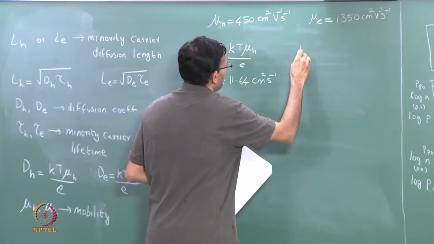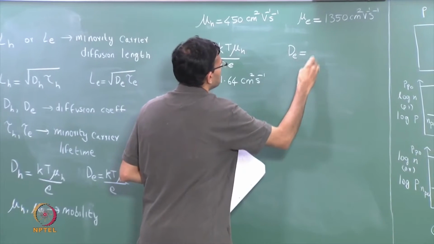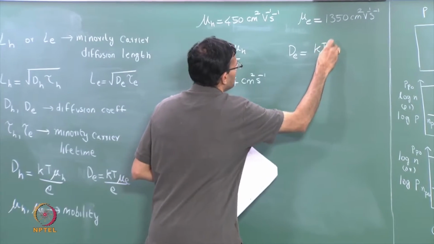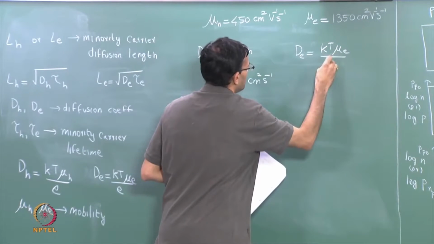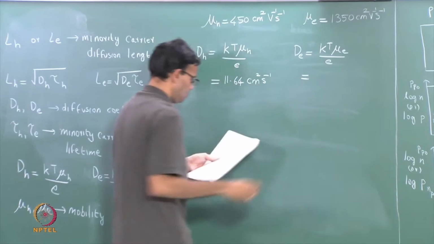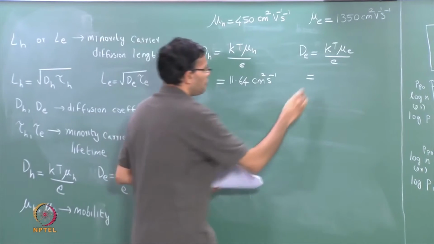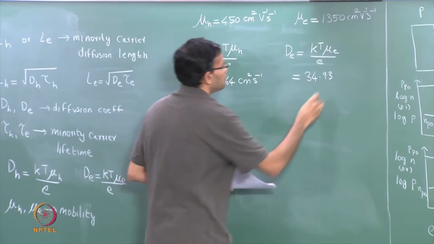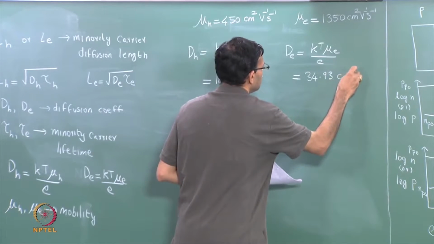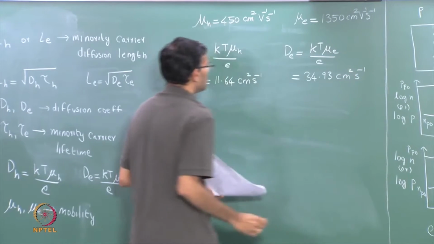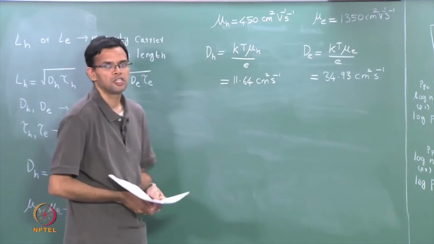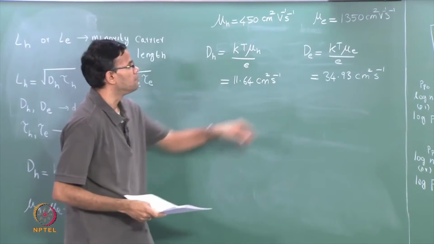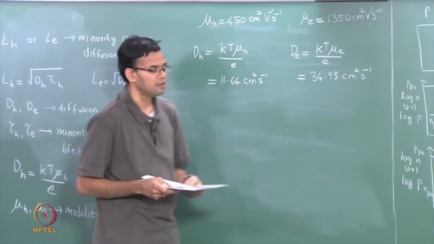Can do the same thing for the electron, kT mu_E over e, which is nothing but 34.93. So, the diffusion coefficient for the electron is higher simply because the mobility is higher.